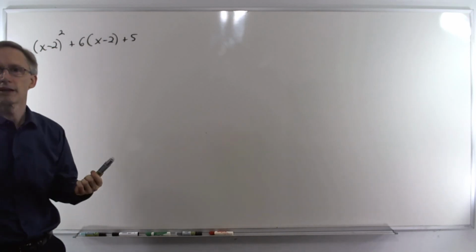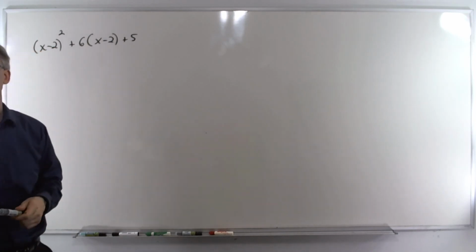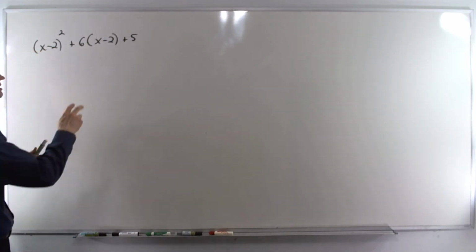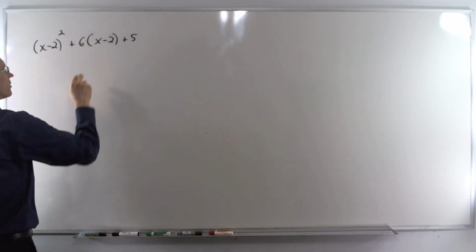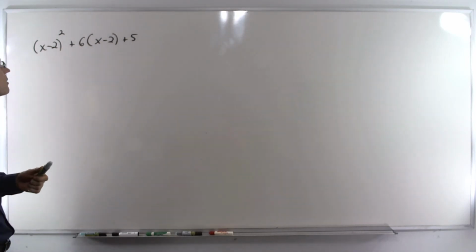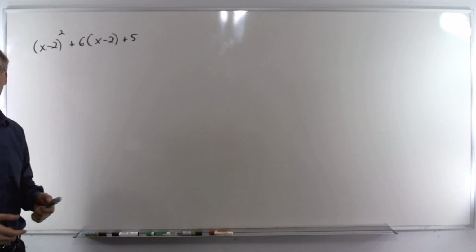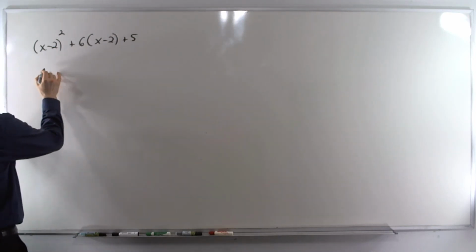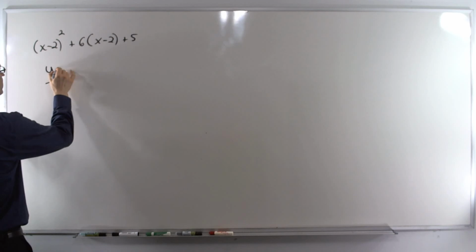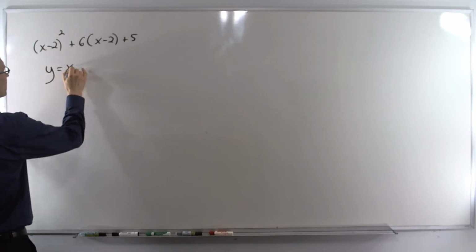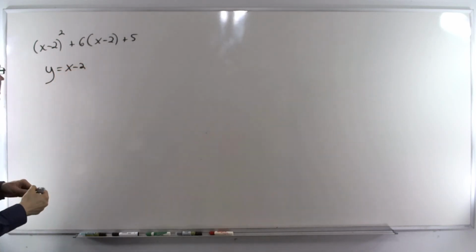So let's make it look like all the other quadratics. That's where substitution comes in. So what makes it different is the fact we have a binomial here, x minus 2. So I'm going to define a new variable y. And this is something you should get used to doing, so do it enough so you feel comfortable doing it. And I've got y equals x minus 2.